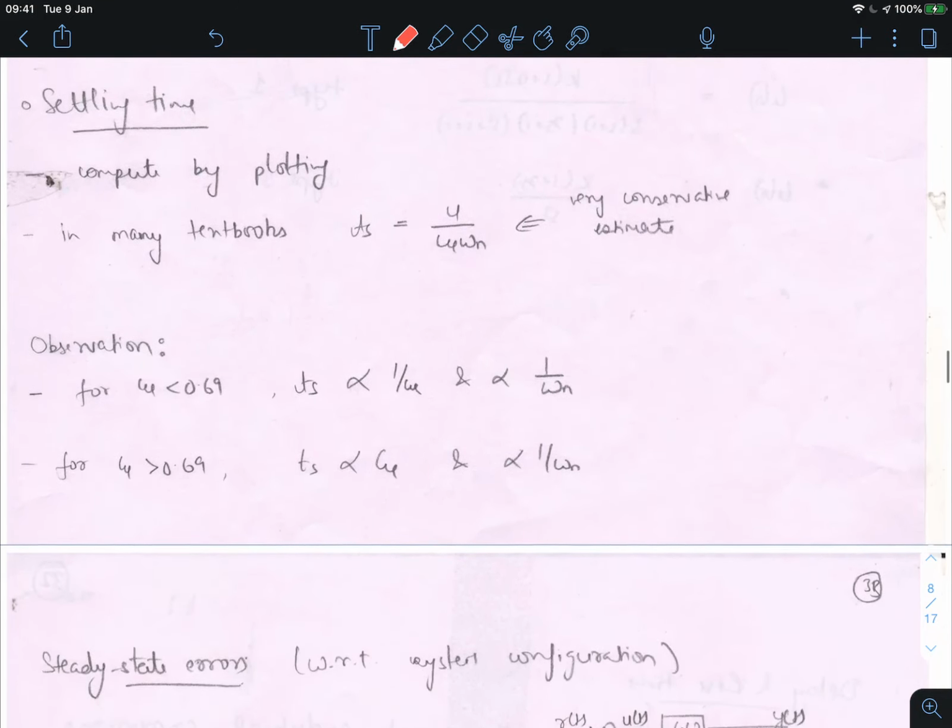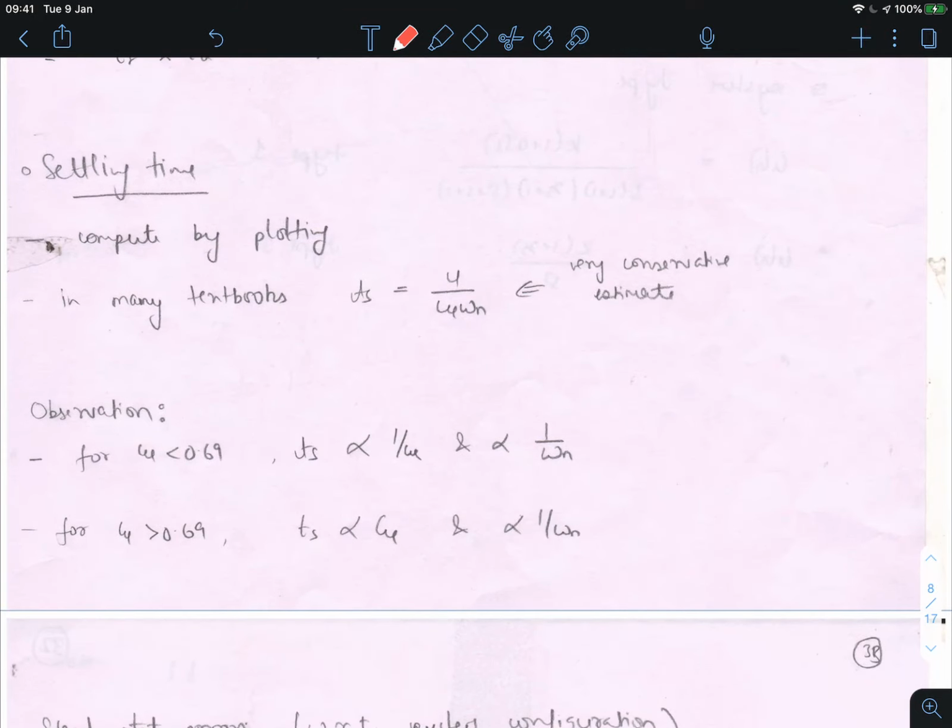The settling time. So there are a couple of observations from here. For xi less than 0.69, we see that the settling time is inversely proportional to the damping ratio and also inversely proportional to the natural frequency.